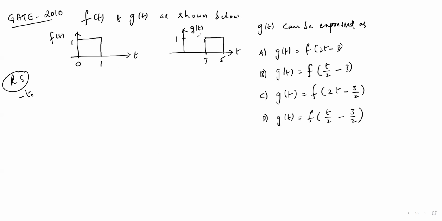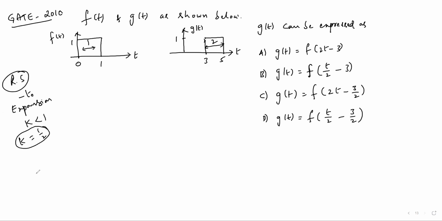Next, scaling. Here, if you observe, the width of the rectangular pulse is 1. Here, the width is 2. So expansion. In expansion, k value should be less than 1. So exactly 2 times. That means we can identify that k value is 1 by 2.